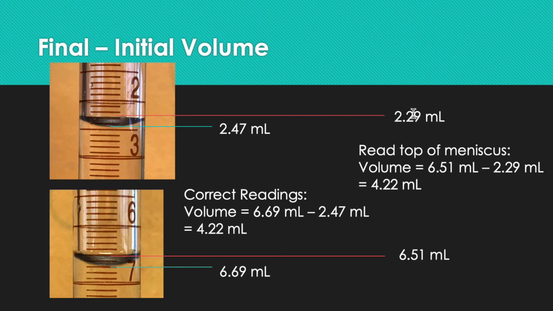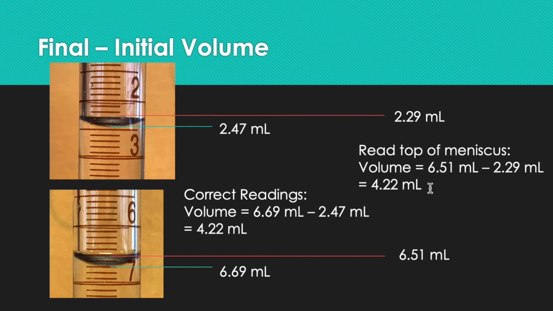If you read the top of the meniscus, in this case, since the smaller numbers are on top, your numbers are going to be a little bit too small. But both numbers are going to be a little bit too small, and since the meniscus has about the same shape, they're going to be too small by the same amount, about 0.18 milliliters too small.